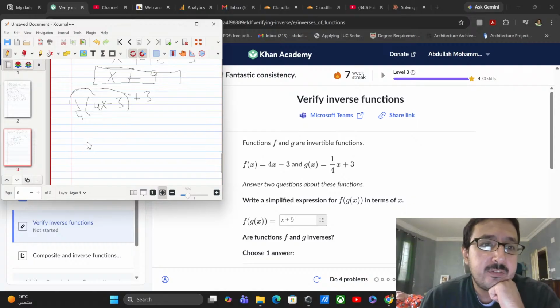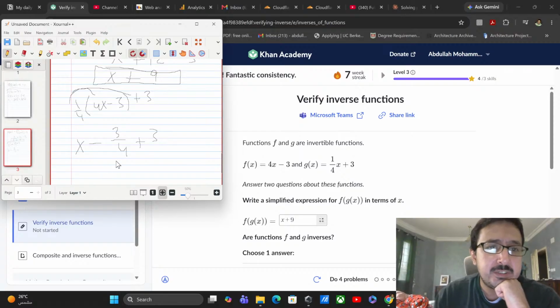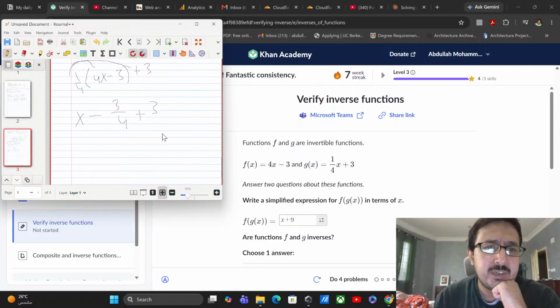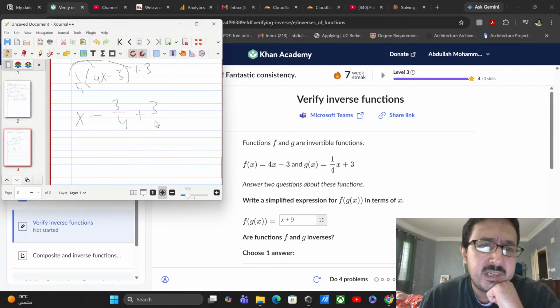So we're going to have x minus 3 over 4 plus 3. It's not the same. It's not an inverse, because minus 3 and plus, what do I have?